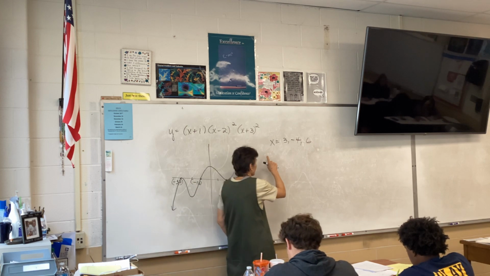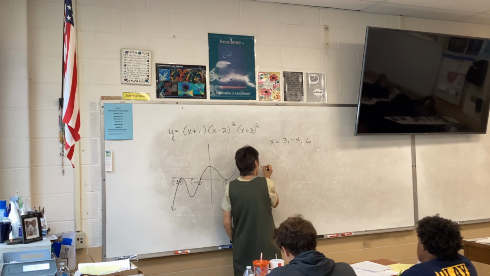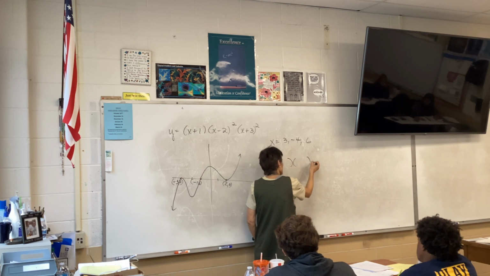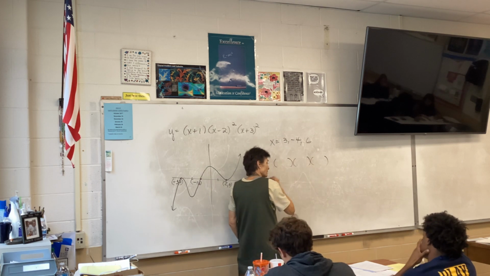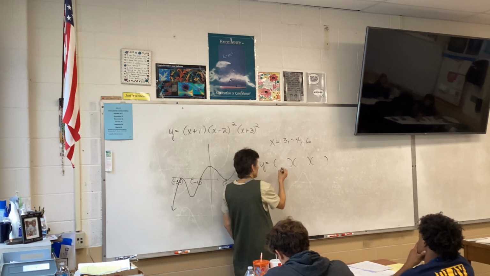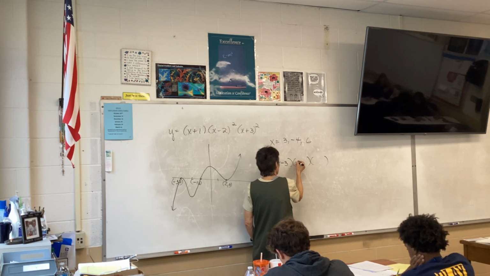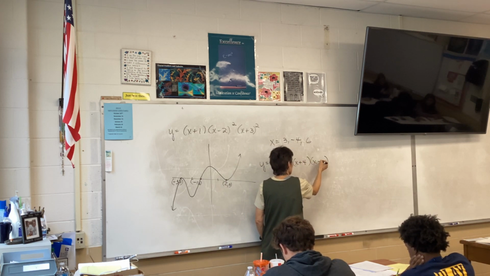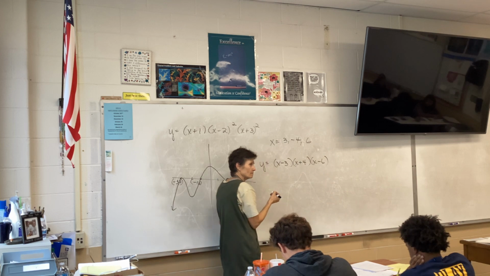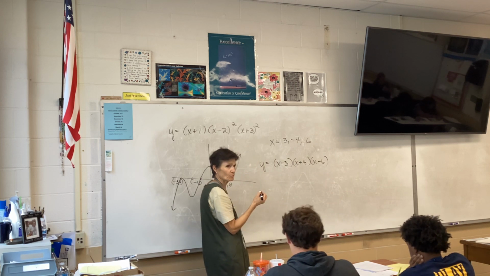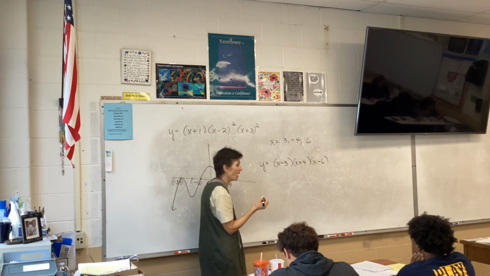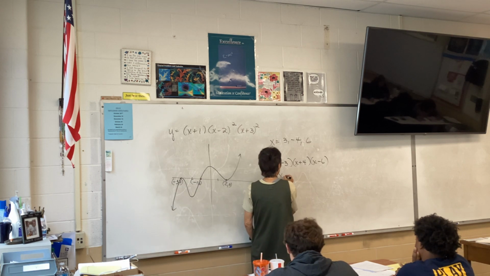Because if these are the zeros, what were the factors that generated those zeros? X - 3, X + 4, X - 6. Would you agree with that? Yeah. And then we can FOIL.